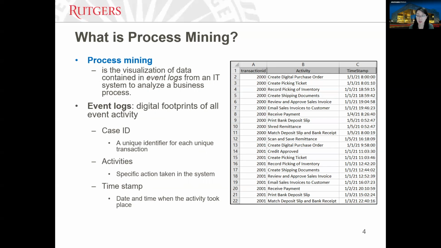Sometimes we call it a transaction ID. The second piece is activities, which is a specific action taken in the system. The third piece is a timestamp, which is when the activity took place, including the date and the time. So on the right-hand side of the slide, you can see an example of the event logs.